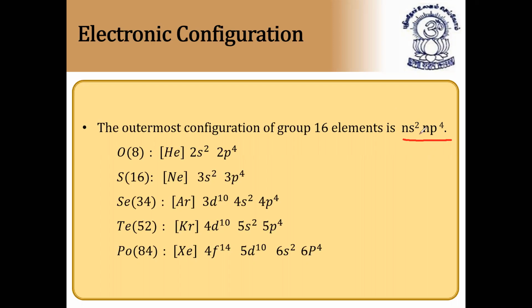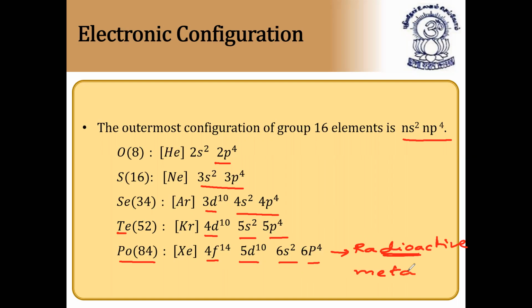So oxygen is 2s2 2p4, sulfur 3s2 3p4, selenium 3d10 4s2 4p4, tellurium, atomic number 52, 4d10 5s2 5p4, and polonium 4f14 5d10 6s2 6p4. Polonium is radioactive because its atomic number is greater than lead. It is a radioactive metal. Selenium and tellurium are metalloids.